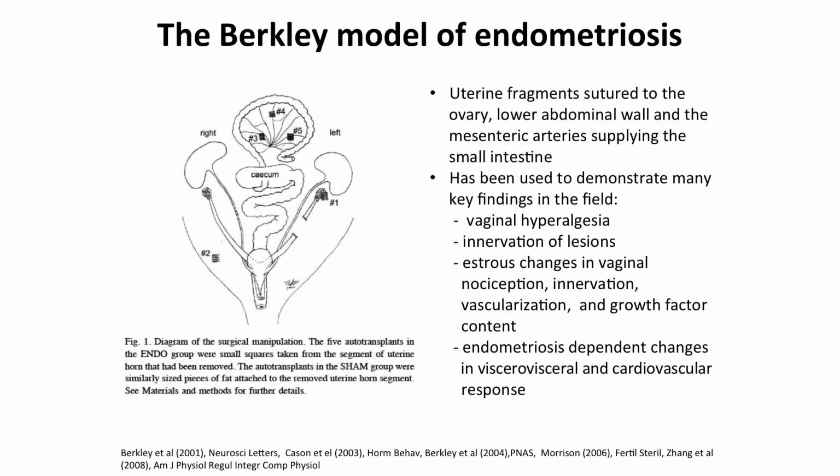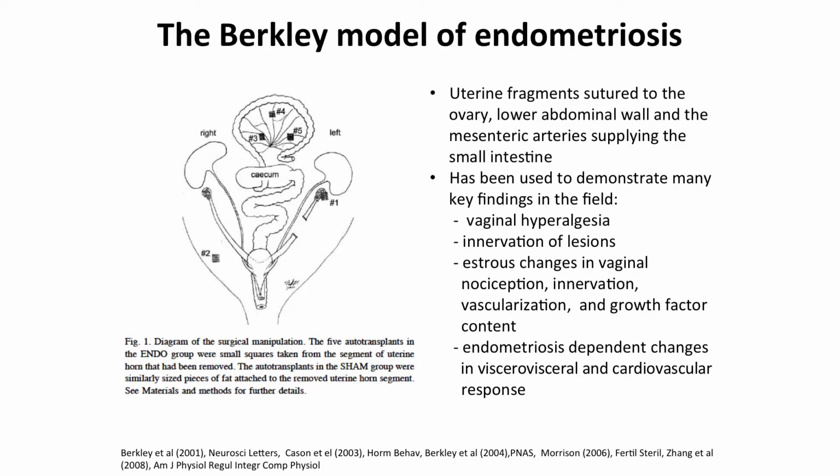So the initial rat model of endometriosis, published by Vernon and Wilson, sutured whole uterine fragments onto the peritoneal lining. And this was modified by Karen Berkeley, and they actually sutured uterine fragments to different areas within the peritoneal cavity, including the ovary, the lower abdominal wall, and the mesenteric arteries supplying the small intestine.